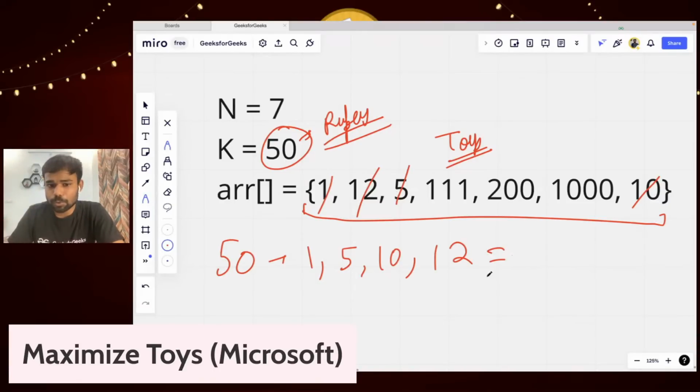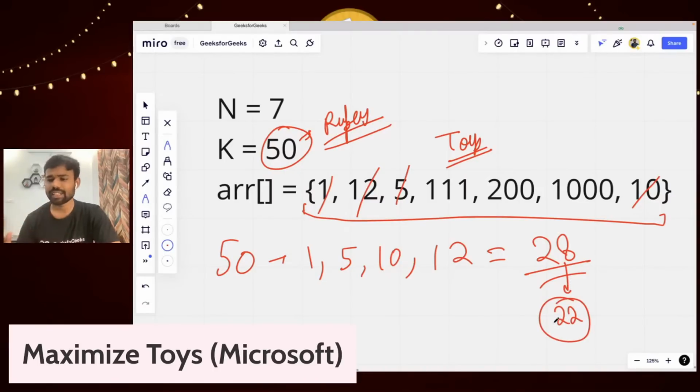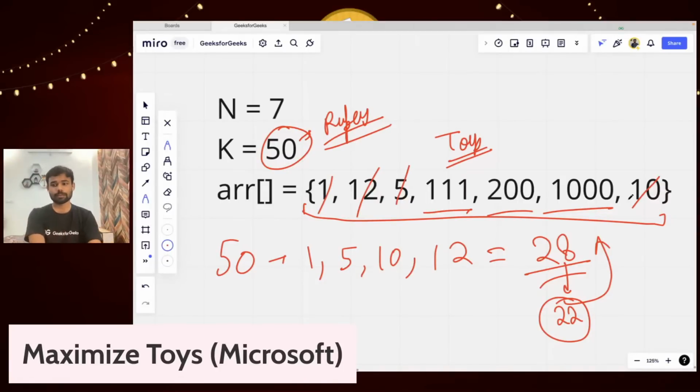Now, no, not knapsack, knapsack is not required, it is not a DP problem, it is just greedy. Now in these 22 rupees, can you buy any other toy? No, because the others cost 111, 200 and 1000, so you cannot buy any other toy. That is the case here.